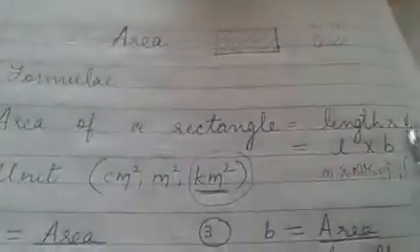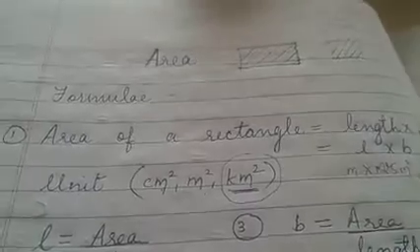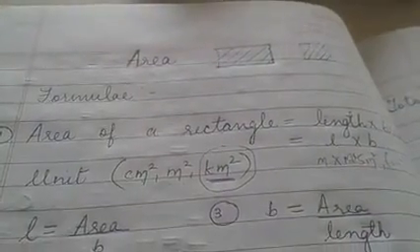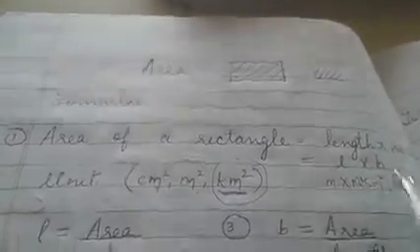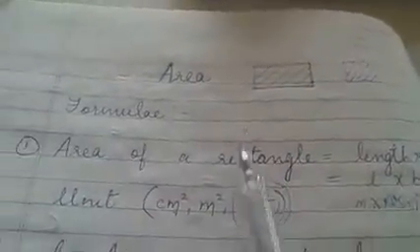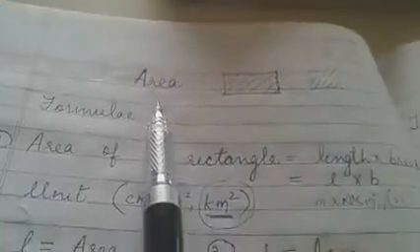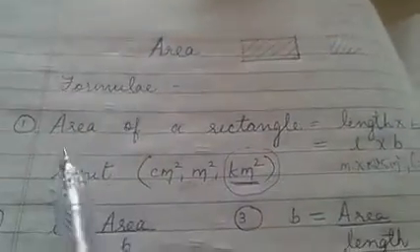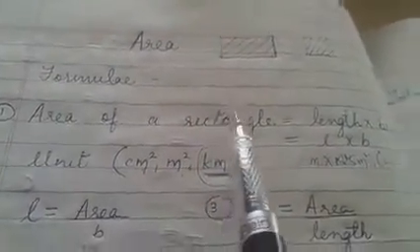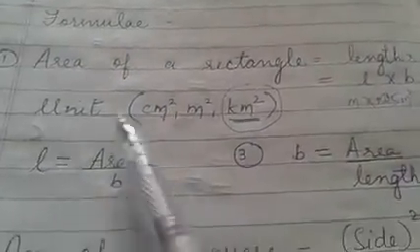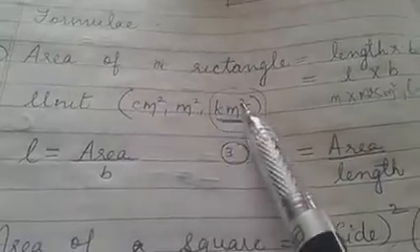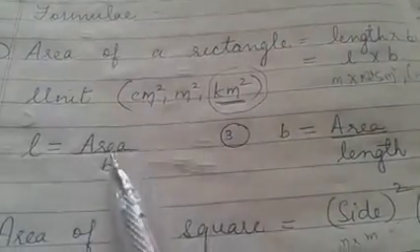Now we'll deal with area. You know the formula for area. Area of a rectangle is length into breadth. Units are centimeter square, meter square, kilometer square. Length is area upon breadth.